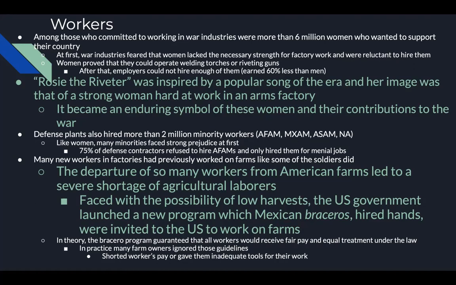In theory, the Bracero program guaranteed that all workers would receive fair pay and equal treatment under the law. In practice, many farm owners ignored these guidelines, so they shortened the workers' day, shorted the workers' pay and gave them inadequate tools for their work. That seems a little messed up, don't you think?